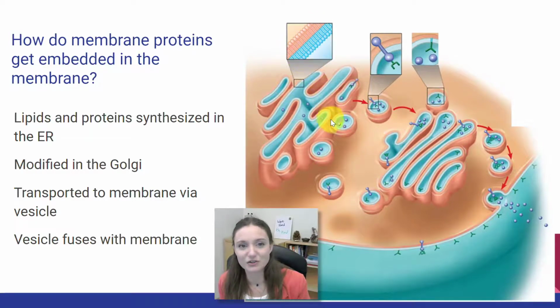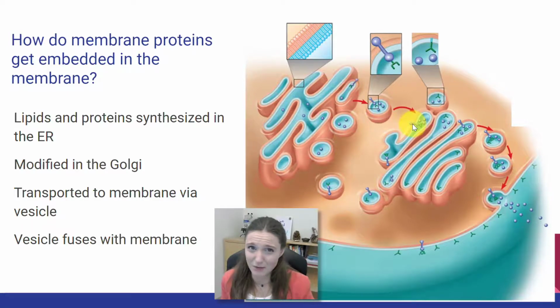So that protein is constructed. It's going to move from the rough ER in a vesicle, that membrane bubble, to the Golgi, where the Golgi will make any final edits, maybe add on some carbohydrates, change it around, anything that it needs to do. And then once it's finally edited, the Golgi will send out another vesicle with the final protein, and that vesicle fuses with the plasma membrane.